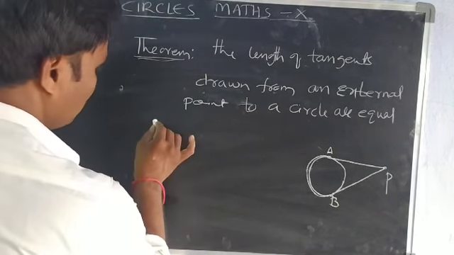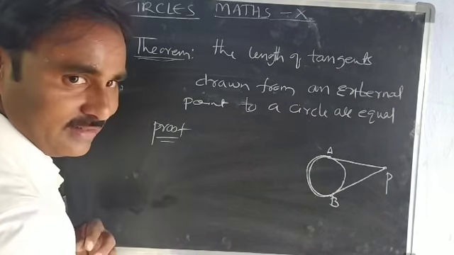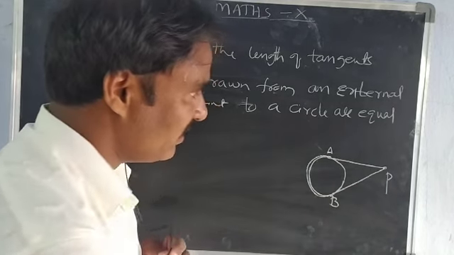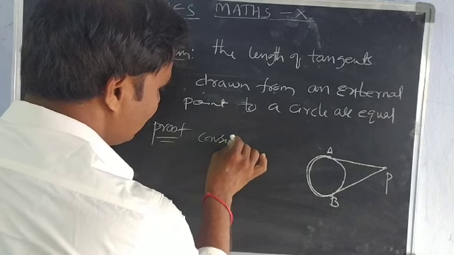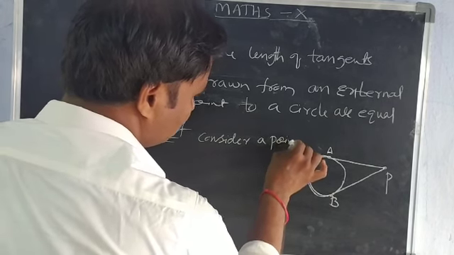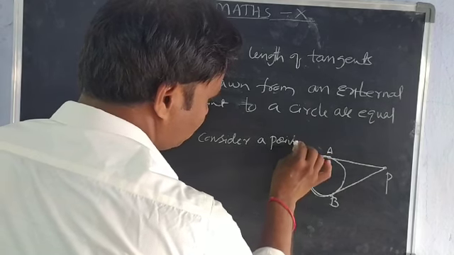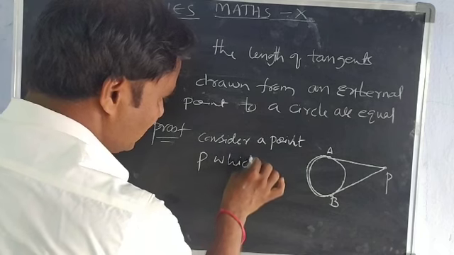Okay, for that, now the proof. Consider a circle and a point P which lies outside the circle.